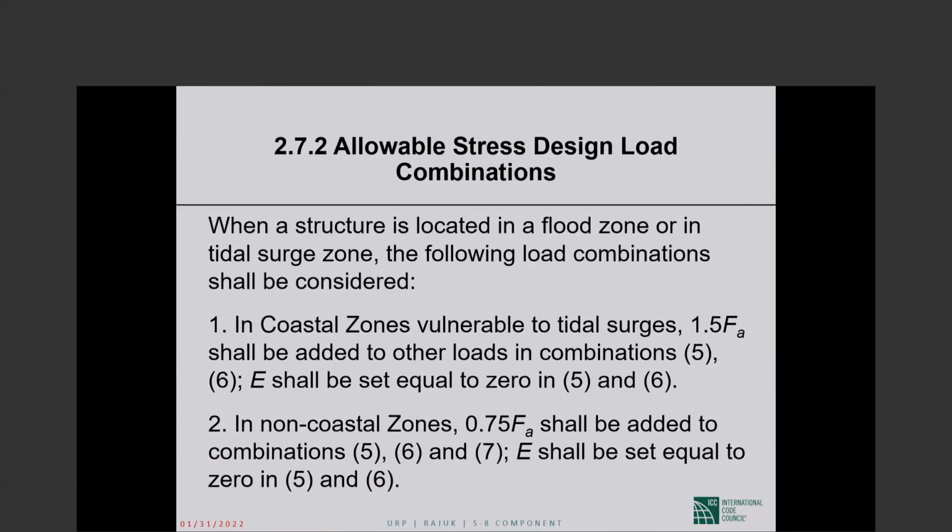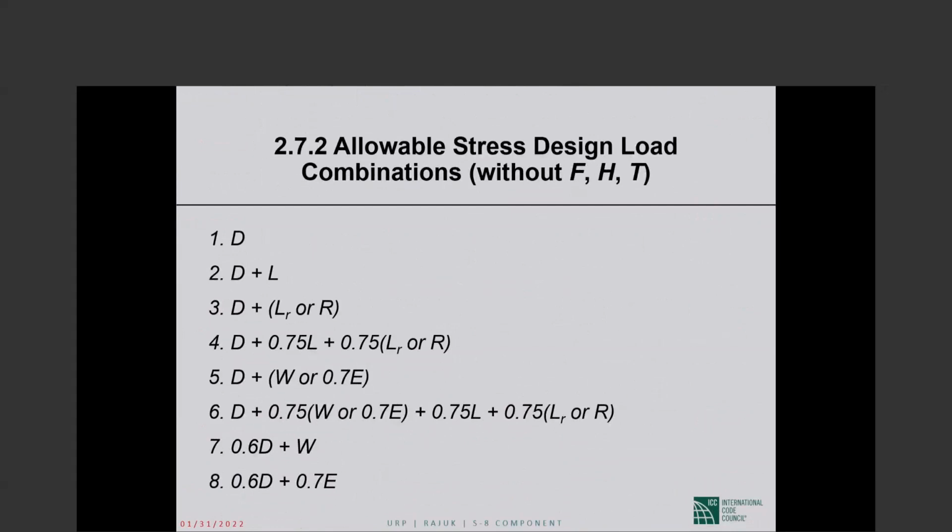In non-coastal zones, this would be flooding, etc., caused by the rivers. 0.75 F sub A shall be added to combinations 5, 6, and 7 in this case. E shall be set equal to 0. Now, this I will not get into all that much because F sub A, as I mentioned, is quite difficult to determine. Anyway, I'll talk about this a little bit before I'm through with the presentation today.